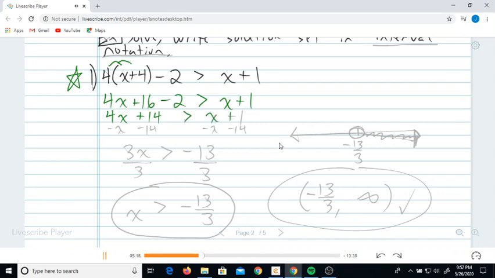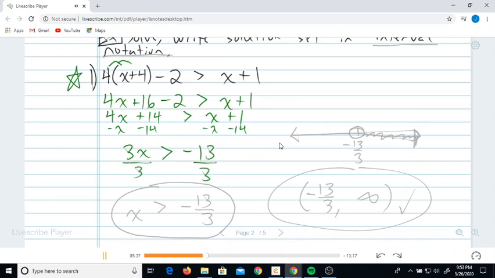I'm going to subtract x from both sides and subtract 14 from both sides. With subtraction, you don't have to flip the sign. So 4x minus x is 3x, the 14's cancel, so 3x is greater than negative 13. Then all that's left is to divide by 3.